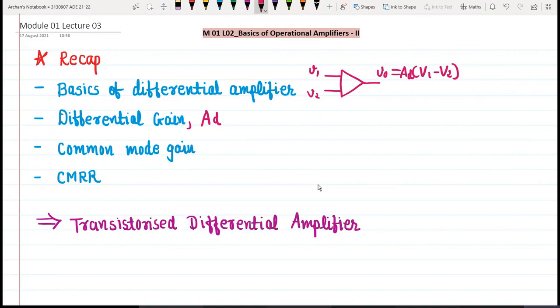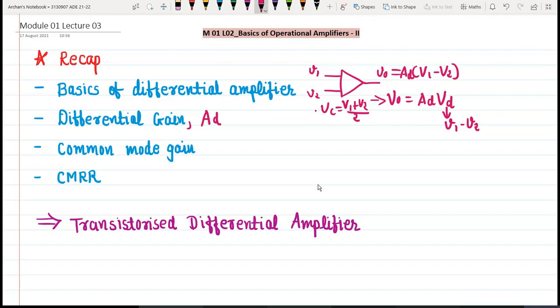Ultimately, we can say that the output V0 is equal to AD times VD, where VD is my differential input, which is V1 minus V2. But the output is not AD VD only. It also depends on one parameter known as the common mode voltage. There will always be a common mode voltage VC available at these two inputs, which is the average of the two input signals, (V1 plus V2) by 2.